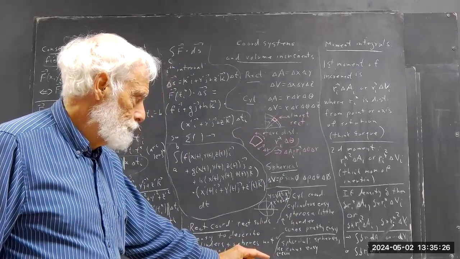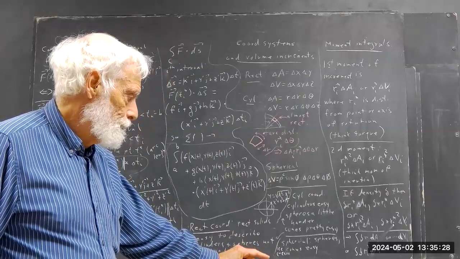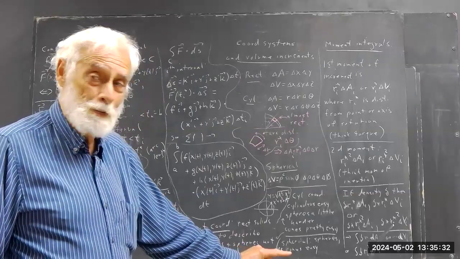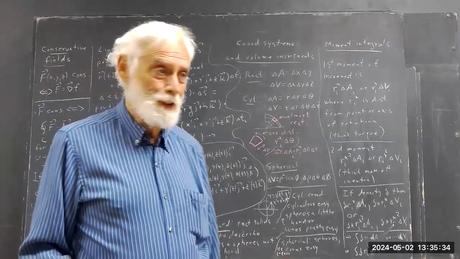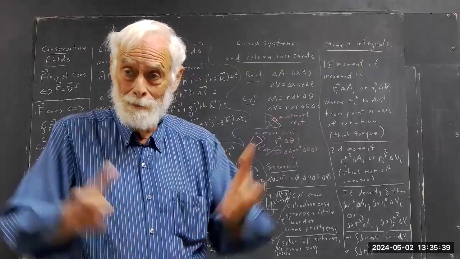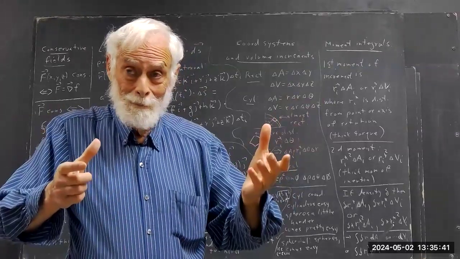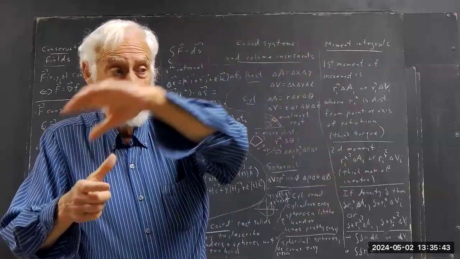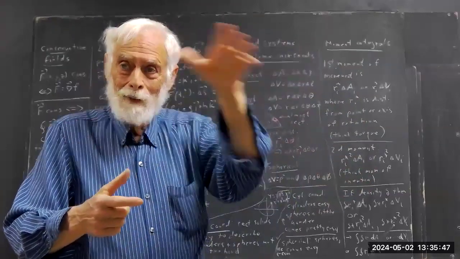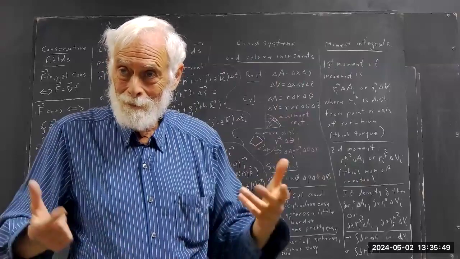In spherical coordinates, ice cream cones are easy. You hold your angle phi constant and rho constant, so you've got the cone at constant phi and the top of a sphere.